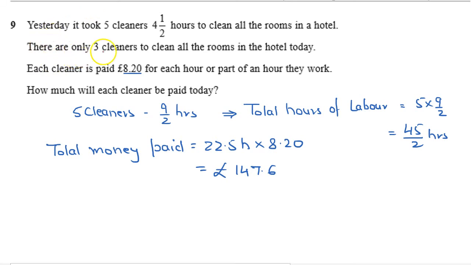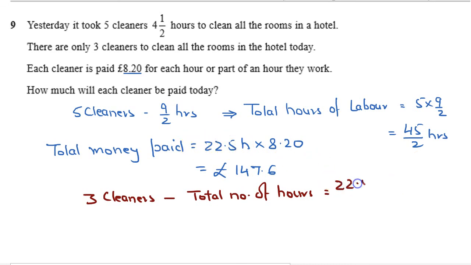Now the second condition is there are 3 cleaners. Now 3 cleaners clean all the rooms. How much will each be paid this time? So there are 3 cleaners. So total number of hours, they work for 22.5 hours.